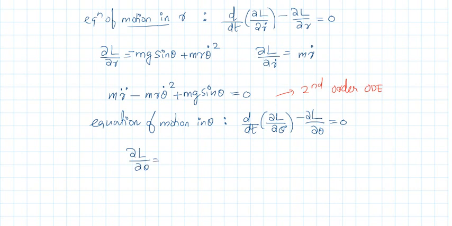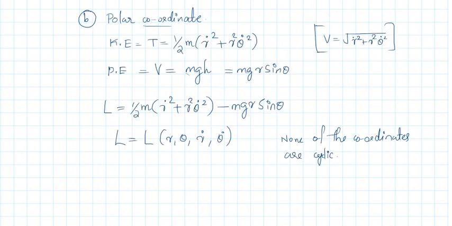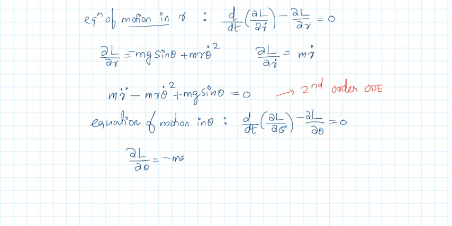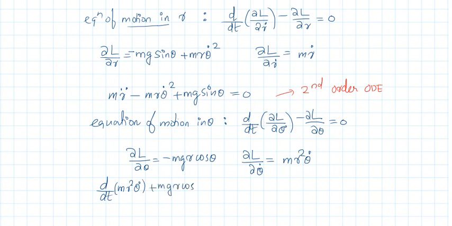It is minus mgr cos theta. What is dou L by dou theta dot? It is m r square theta dot. So if you take the derivative, d by dt of m r square theta dot plus mgr cos theta is equal to 0. This is the second equation of motion.